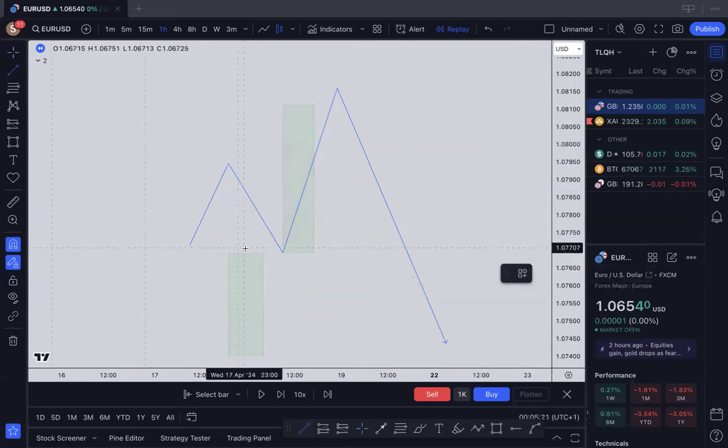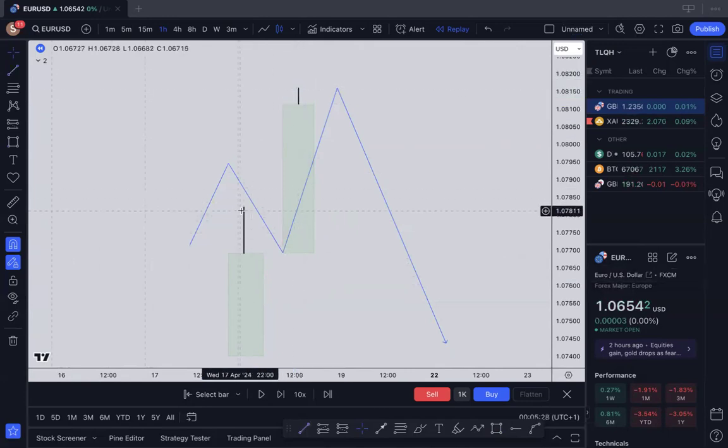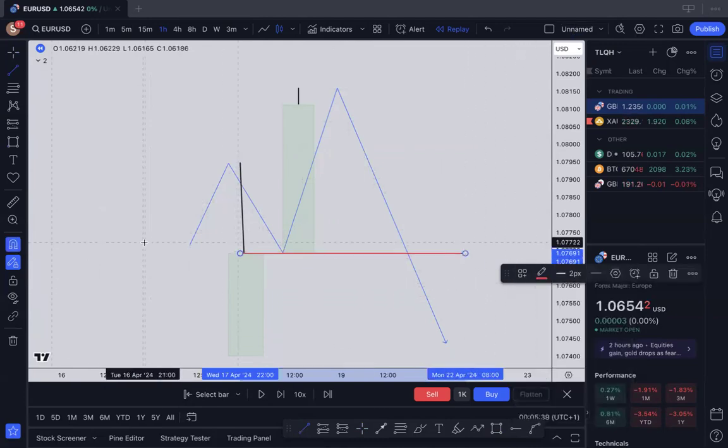Okay. Throwing some wicks on. To make these wicks realistic, so that's how far that went up there. Okay, so we'll actually have a level like this. Let's say this is H4.